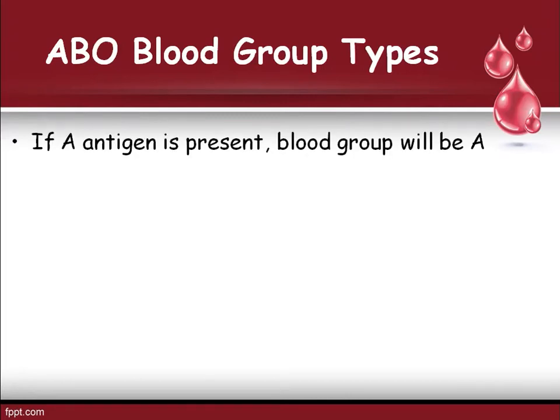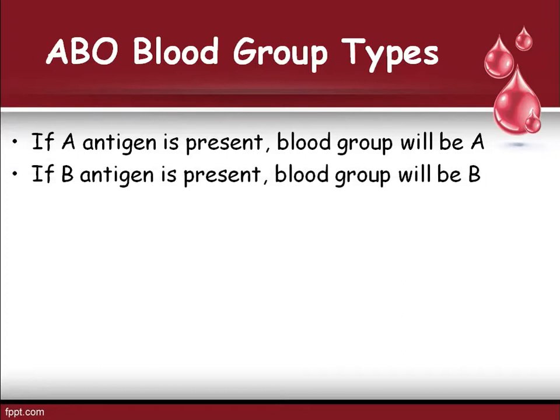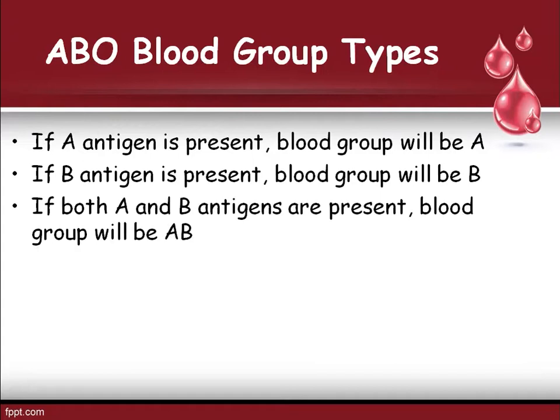If A antigen is present, blood group will be A. If B antigen is present, then blood group will be B. If both the A and the B antigens are present, then blood group will be AB.